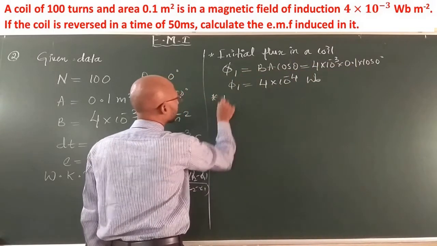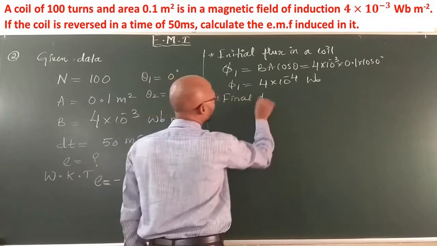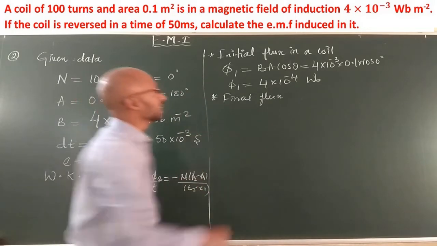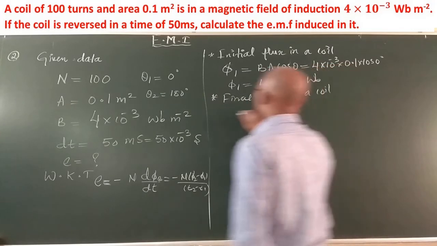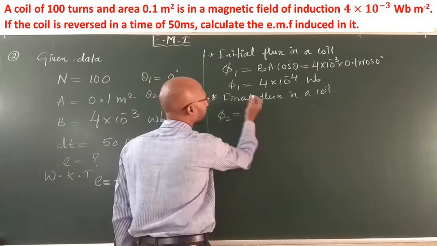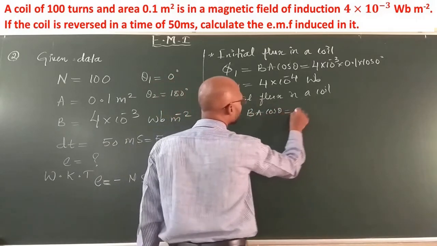Now we will go to the final flux when the coil is reversed. The final flux in the coil, phi 2, is equal to B A cos theta. This is the formula.